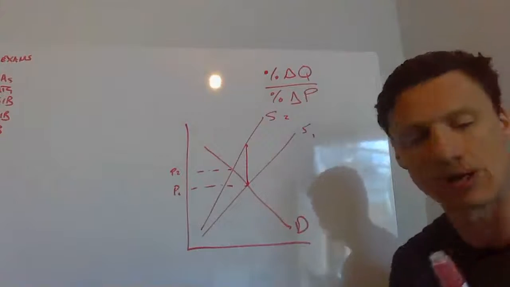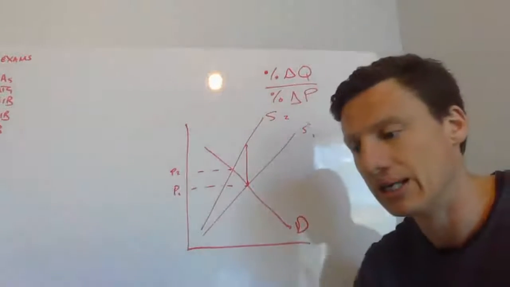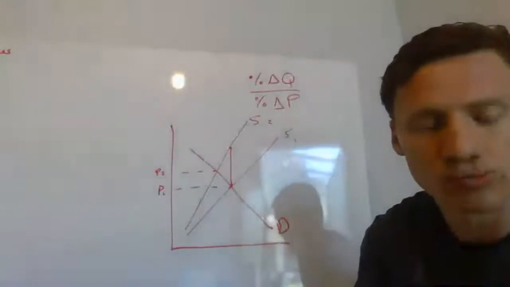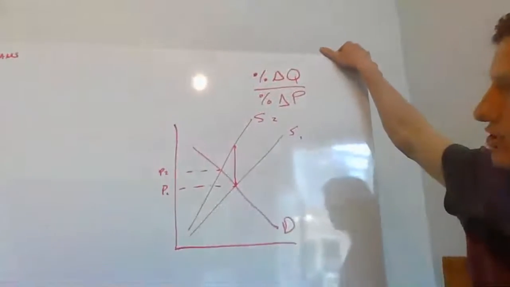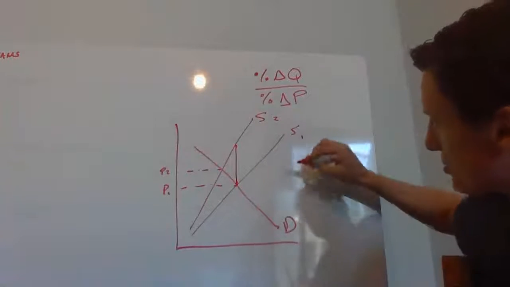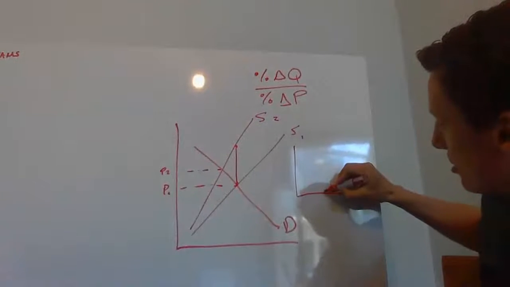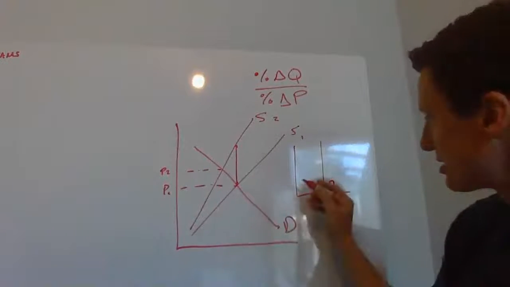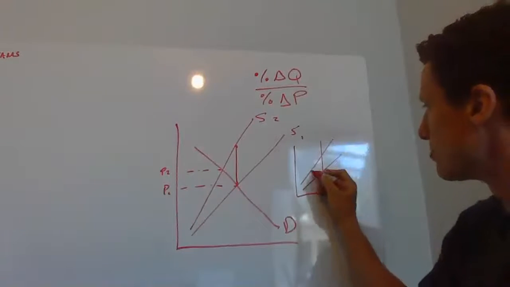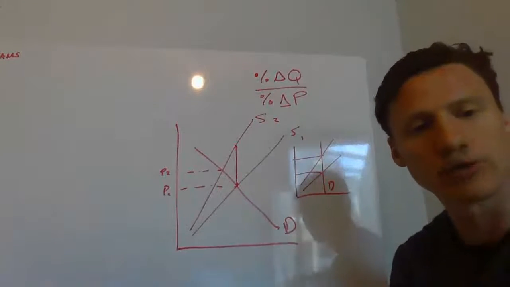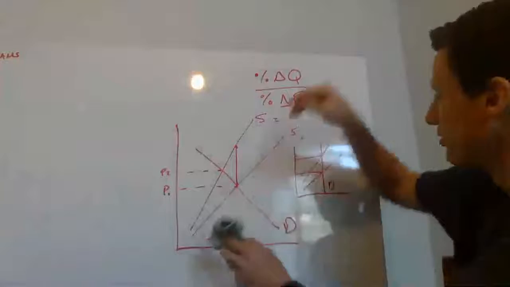It hasn't all been passed on to consumers, only part of it. The amount of tax that is passed on to consumers will depend on elasticity. So the more inelastic your demand curve, the more the burden will be passed on. And it's only if the demand curve is completely inelastic or perfectly inelastic that actually all of the burden would be passed on. Only in that particular anomalous case.